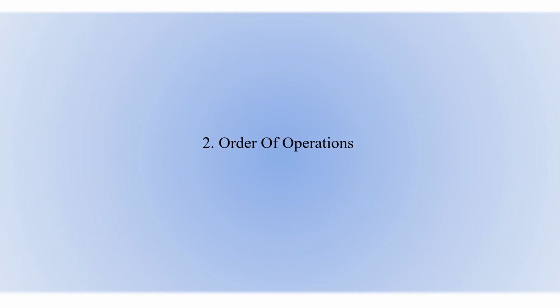order of operation. We have different types of rules, but if you take a look at them carefully, you will see that they are not different. For example, something like PEMDAS or BEDMAS, they are all the same.